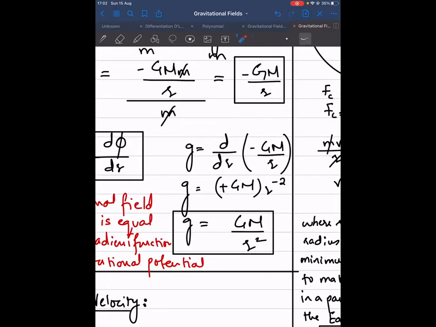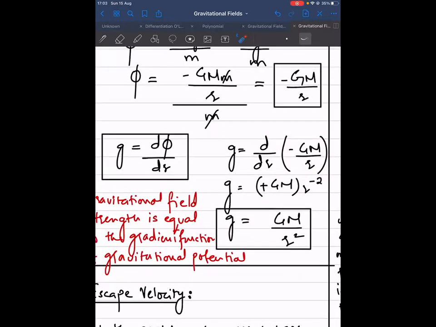That's why I can say कि आपका जो gravitational field strength है, that is equivalent to the gradient function of the gravitational potential. यानी gravitational potential function का जो gradient function है, जो कि differentiate करने से आता है, so g is equivalent to that. And so I can write down this g as equivalent to d phi over dr. Okay, we are differentiating phi, that is potential, with respect to r. So g is equivalent to d phi over dr. Is it clear, Ariba, or not?